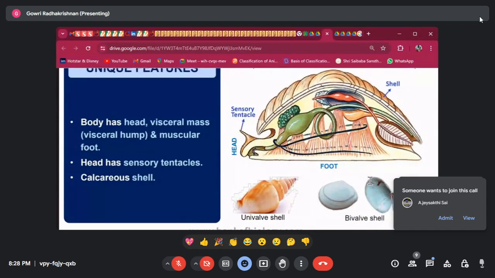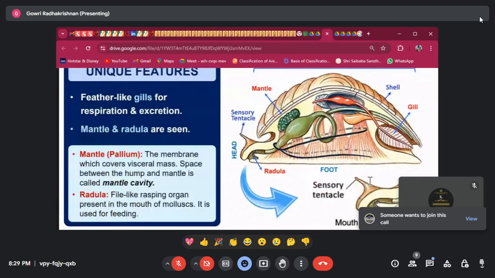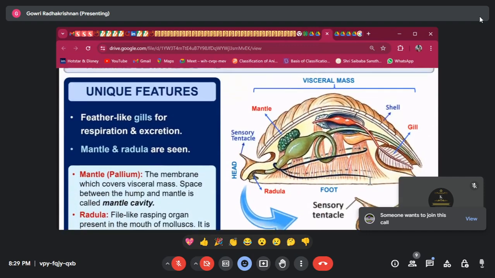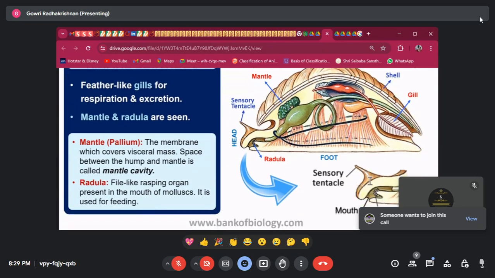Body has head, visceral mass, or visceral hump, and muscular foot. Head has sensory tentacles. Calcareous shell. Unique feature is feather-like gills for respiration and excretion. Mantle and radula are seen.